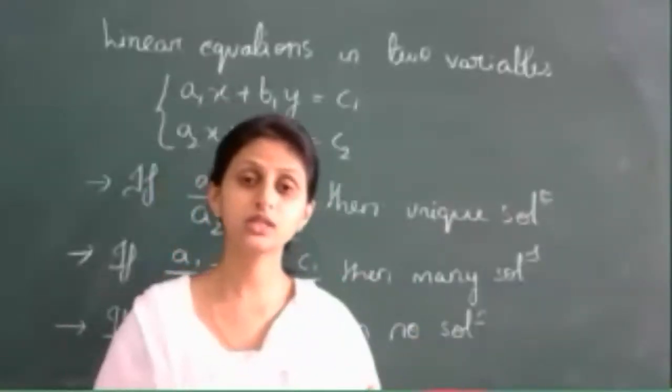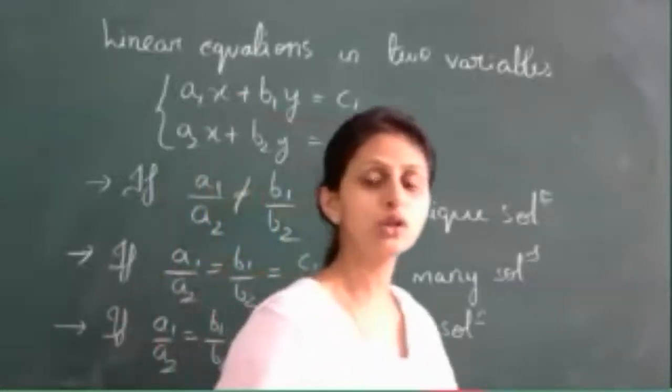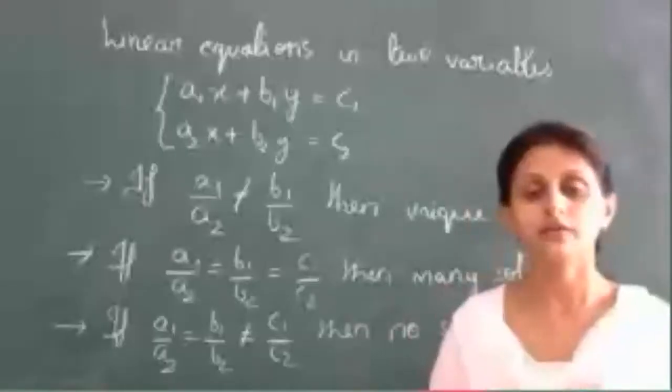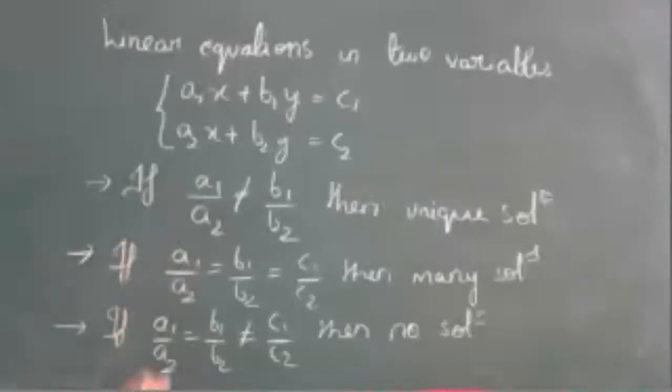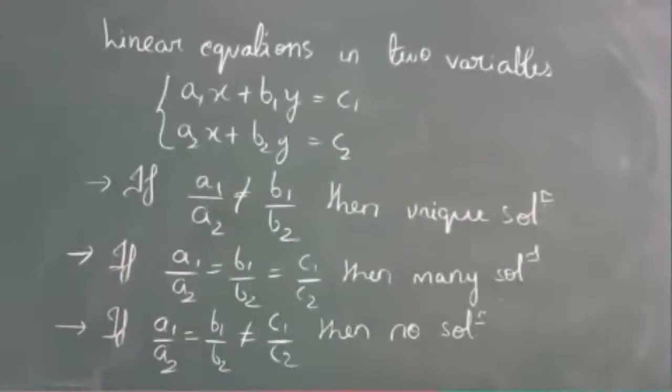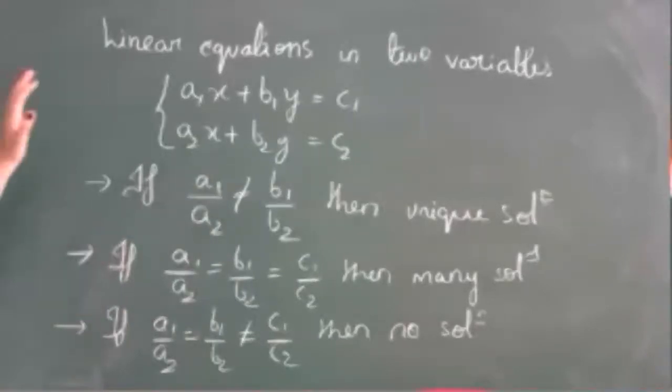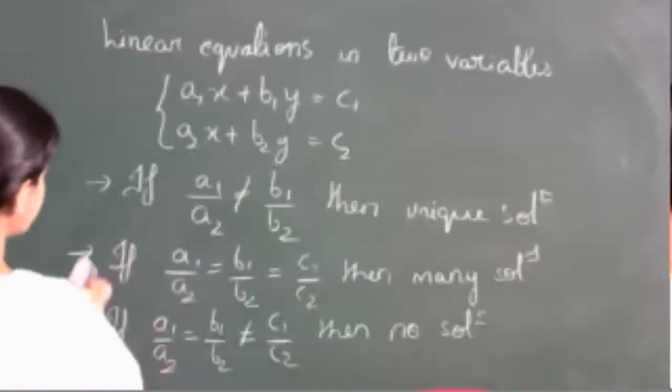What does that determinant value tell us? It tells us whether the system of linear equations will have a unique solution, no solution, or infinitely many solutions. Similarly, here we are going to study what type of solution the system of linear equations possesses.